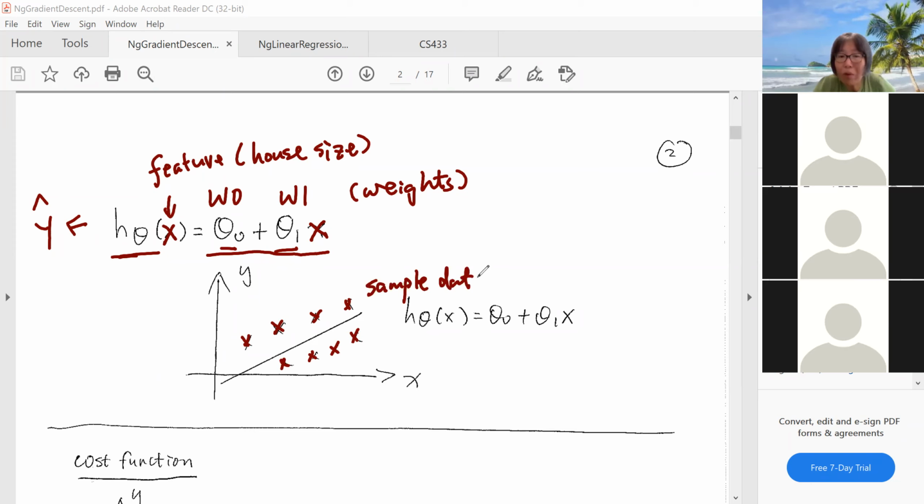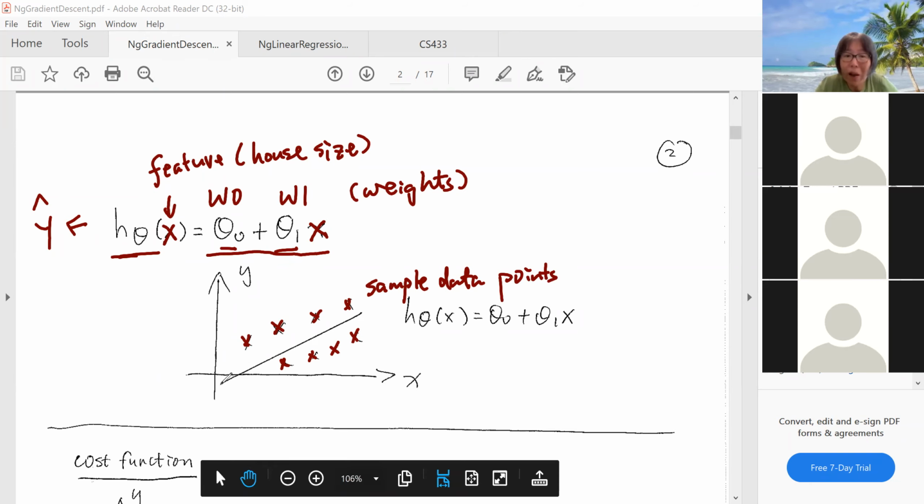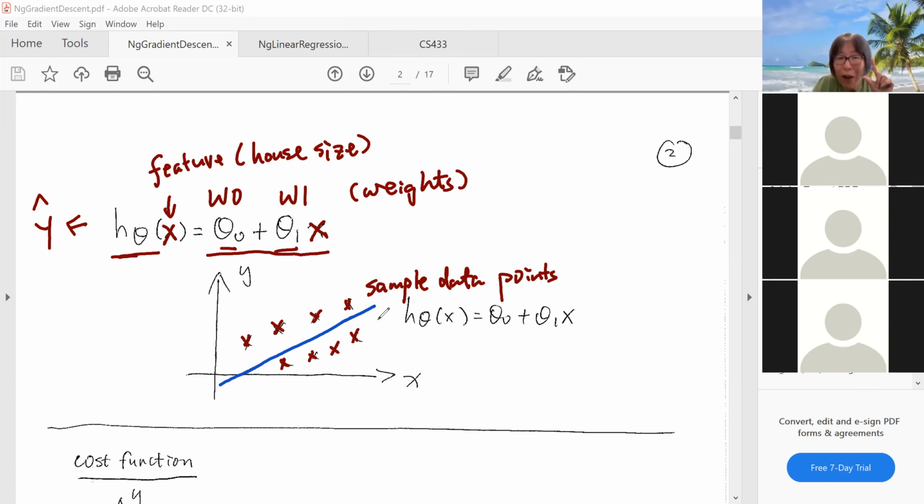Sample data points, is it? And here, this hypothesis. So this is that you try to find a best one using linear regression to predict a kind of the trend.